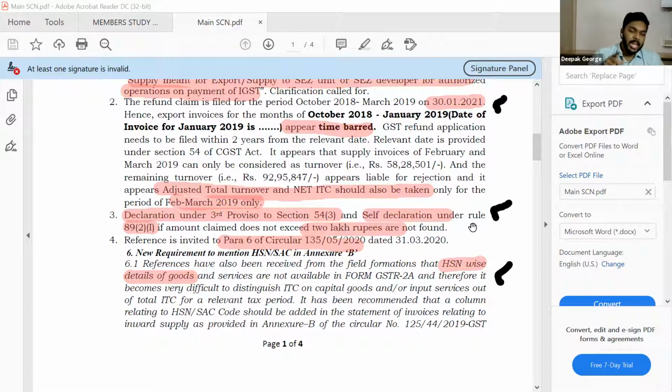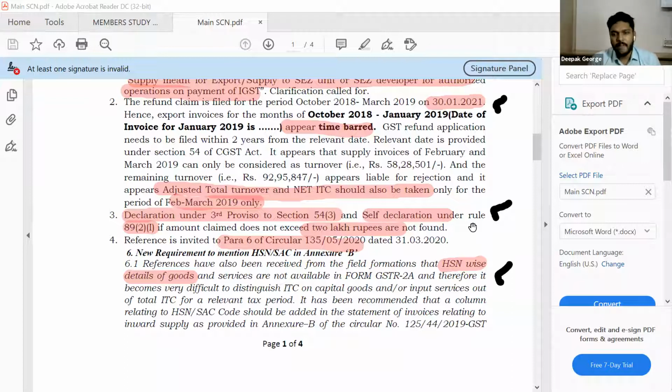Like I mentioned to you in the list of documents prescribed in that PDF, the GST officer here is saying that you have not uploaded a declaration under third proviso to section 54 sub-section 3, which talks about the case where you should get a declaration that your goods are not liable to export duty. If it is, then you can't get ITC.